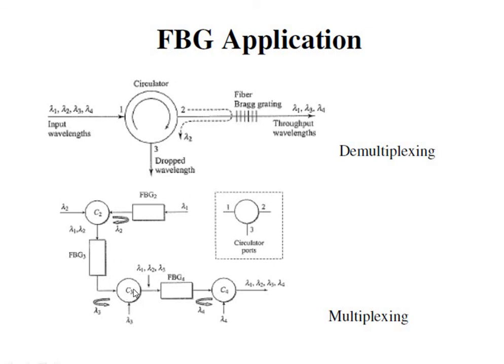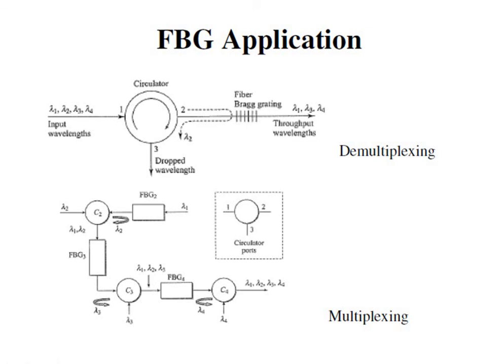Next, at the circulator C3, wavelength lambda 3 enters port 3 of circulator C3 and exits from port 1 and travels towards FBG3. After being reflected from FBG3, it enters port 1 of circulator C3 and exits from port 2 together with wavelengths lambda 1 and lambda 2.